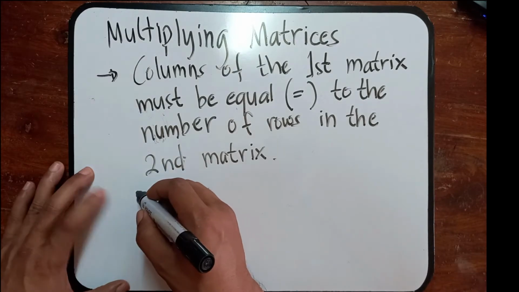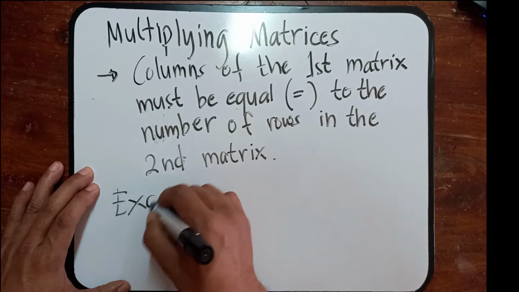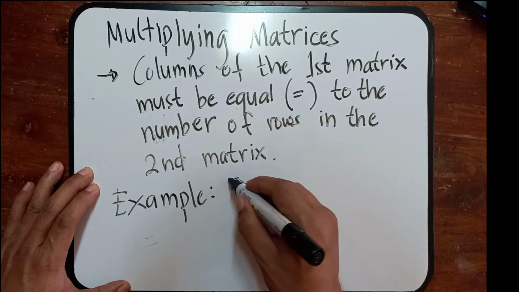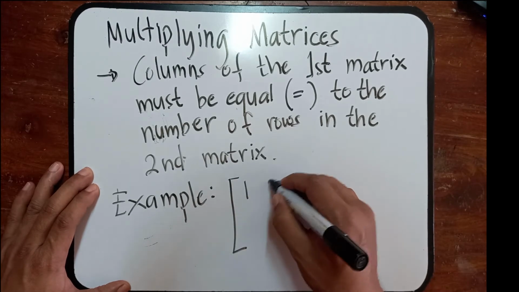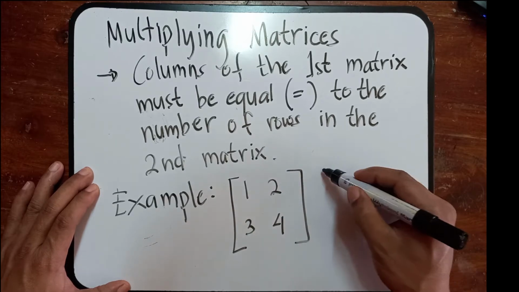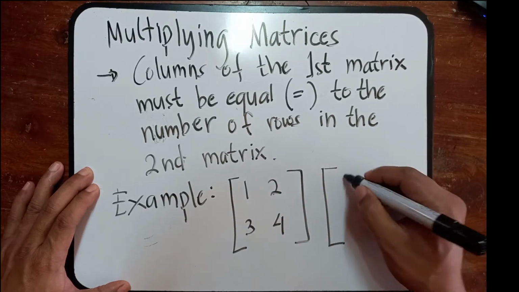So let's say we have this matrix. This is our first matrix and this is our second matrix.